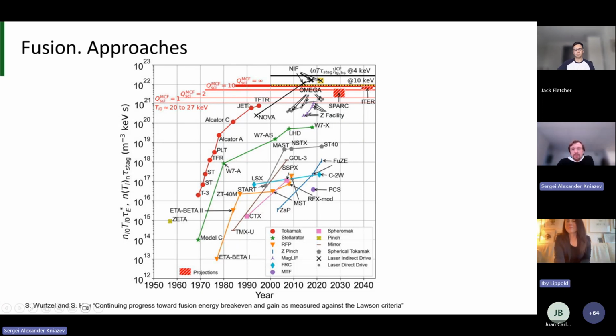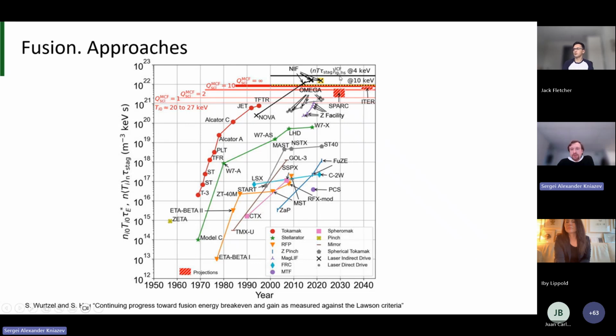So at the current moment, only laser inertial confinement achieved Q equal 4 in the recent experiment in the National Ignition Facility. But most of the other approaches got quite close in the past to achieving Q equal 1.